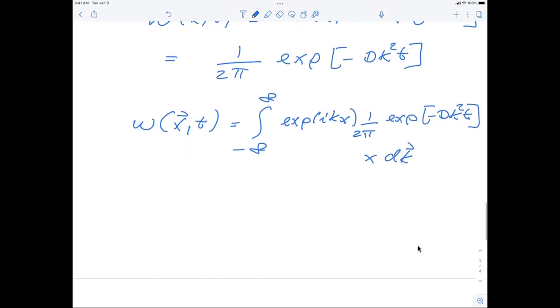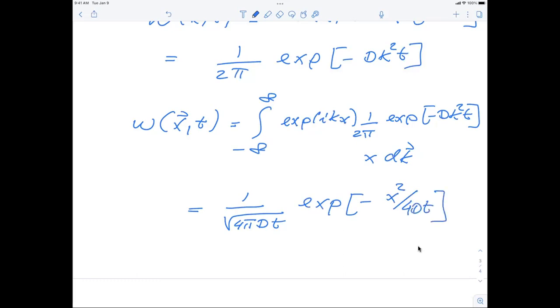And when I integrate this, I get a famous distribution here, which you probably have seen many, many times before. So I'm just setting up the result. So it's a 4 pi of d times t. So time enters here. And then we have the exponential. And then I have a minus x squared divided by 4 dt. And this is nothing but a Gaussian.